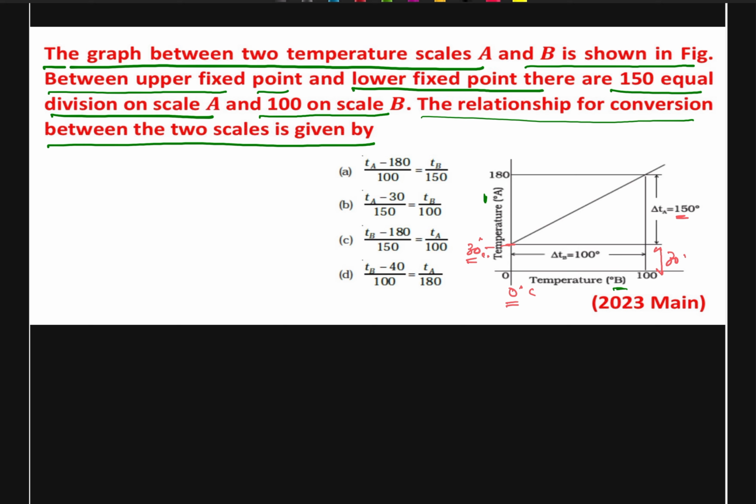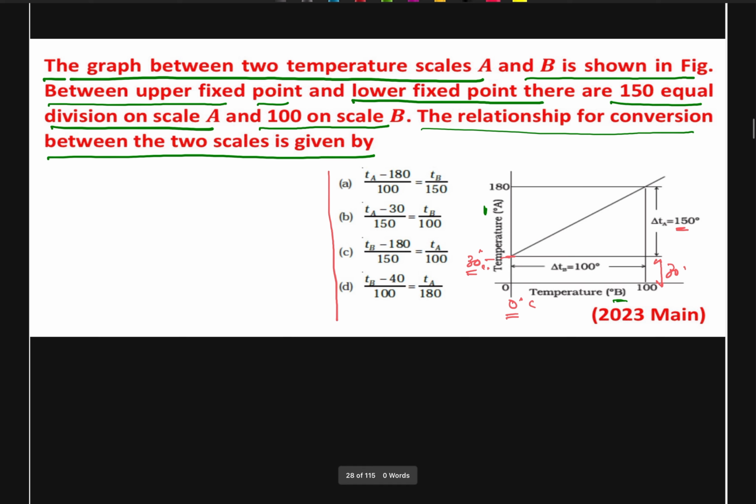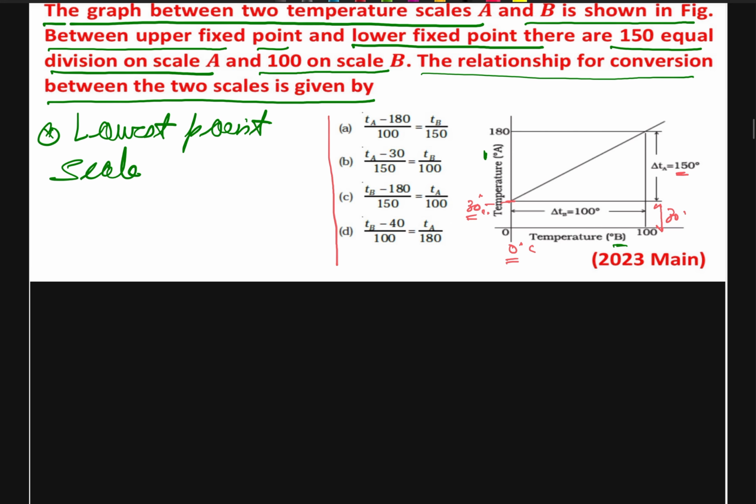And so we can say that the lowest point of the scale at A is 30, it is not mentioned as degree centigrade, so let's go for 30, and at B we have 0 degree.